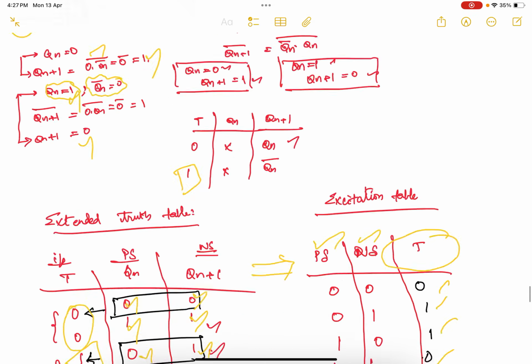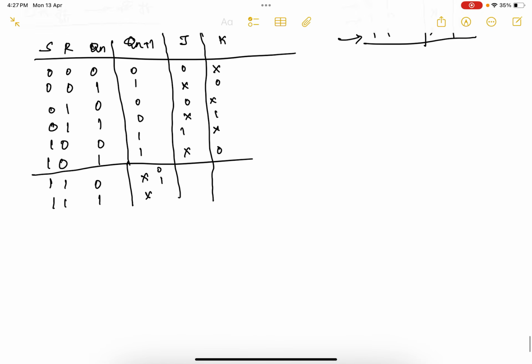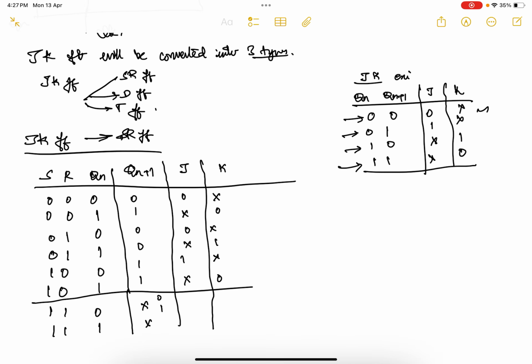Somewhere it is gone. Okay, no problem. We will delete that one now itself.